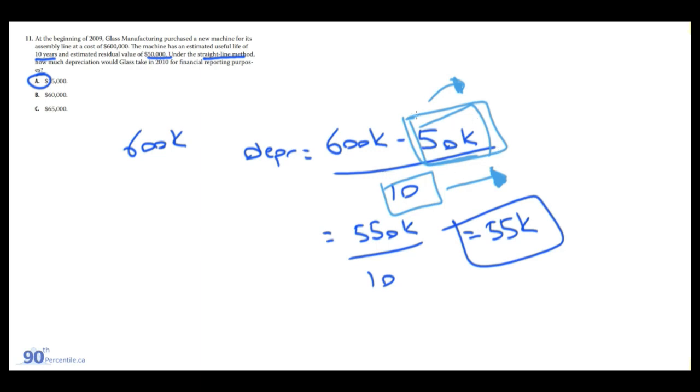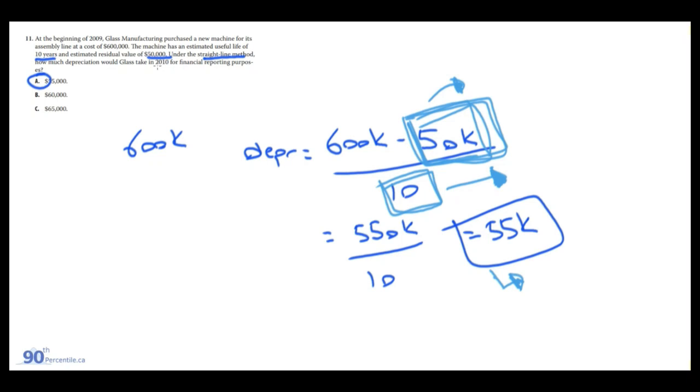But management makes some fair assumptions on the useful life and residual value, and this results, in the case of straight line depreciation, in the same 55K every year.